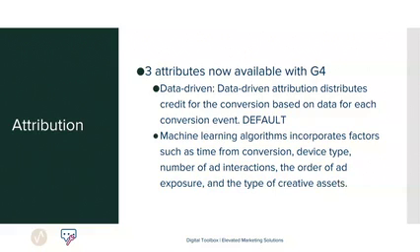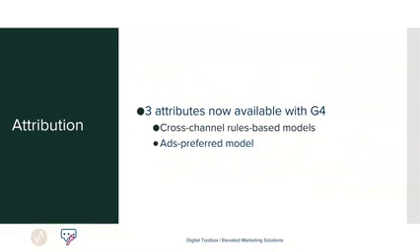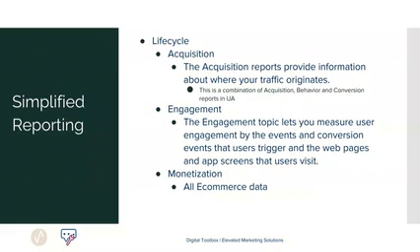So the default is no longer the last thing that you've done. It's really going to be driven by the data. There are going to be machine learning algorithms that incorporate factors such as time from conversion, device type, number of ad interactions, and the order of ads and exposure in order to attribute different types of conversions. There's also going to be cross-channel rule-based models and an ads preferred model. So there are 3 different types of attribution that you can choose.